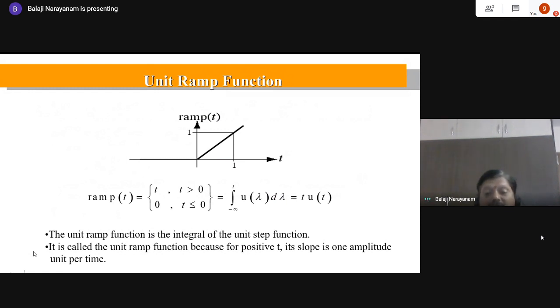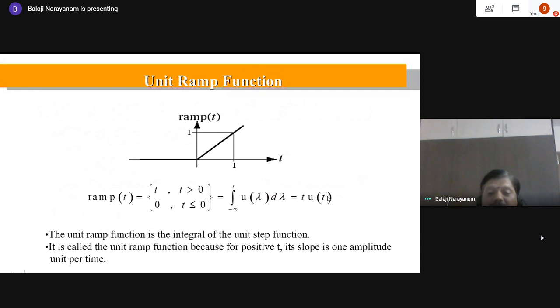You may observe this particular ramp function, and we are now creating a relation between the unit step and the unit ramp function. Here is a clear indication: if you take u of t as a unit step function and integrate it between minus infinity and t, you get the unit ramp function, t u of t.